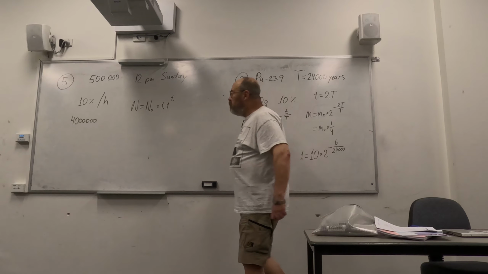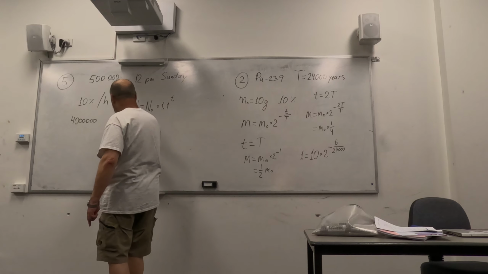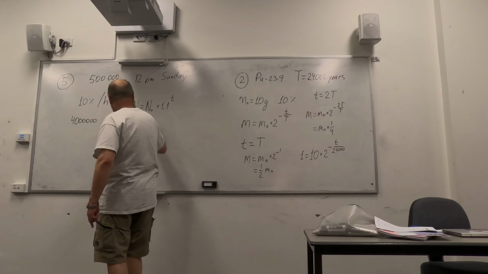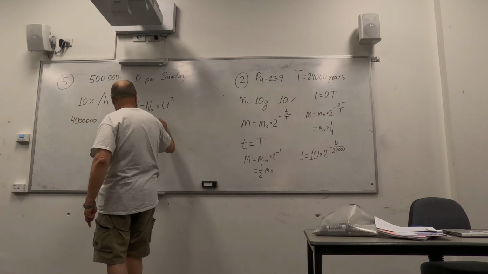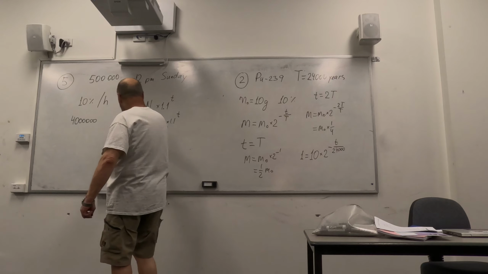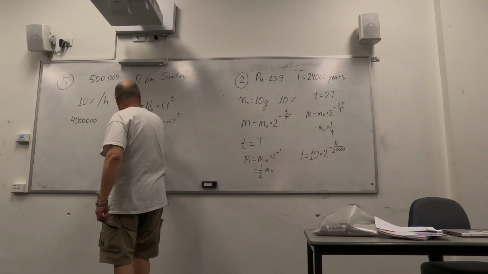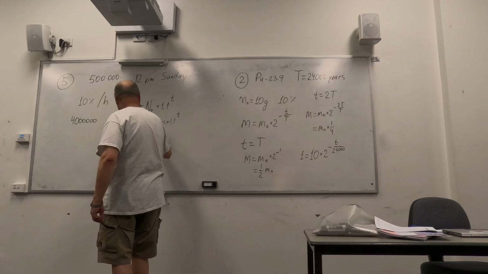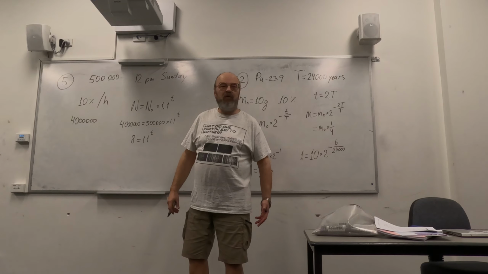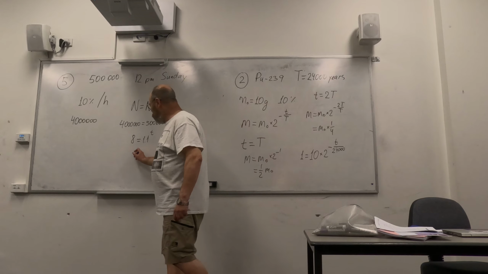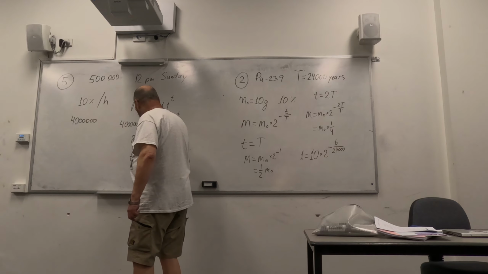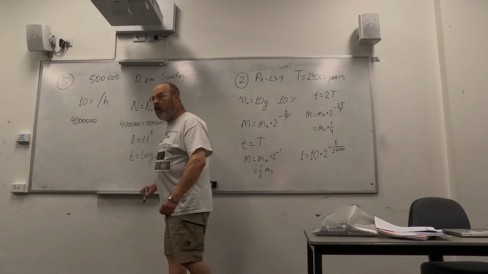So now we have 4 million, and we need to find t. We have 4 million equal to originally 500,000 times 1.1 to the power of t. Dividing, we have 8 equal to 1.1 to the power of t. Again, we will need to use log to solve it, so t will be equal to log of 8 with base 1.1.